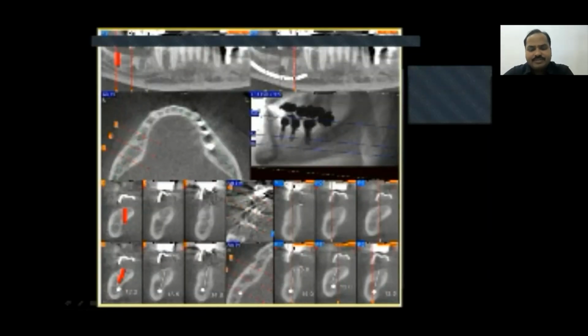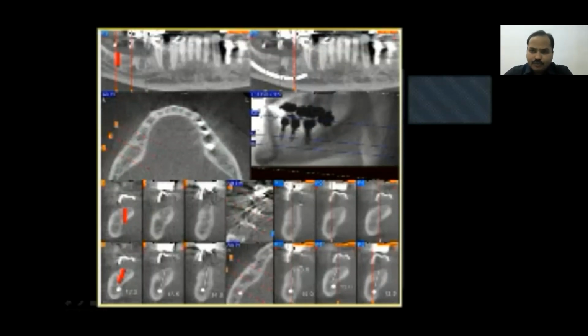Whenever we are taking any case for implant planning, we need first of all to determine whether any vital structure, like the sinus floor, like the mandibular canal, or any thickness of the bone where we are planning to place the implant is there or not.